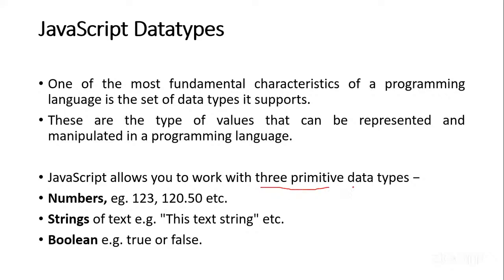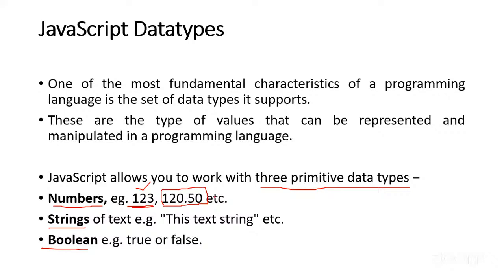It supports three different primitive data types. Those are numbers, strings, and Boolean values. These three are called primitive data types in JavaScript. In numbers, 123 is an integer without a decimal point, and 120.50 is a float value.